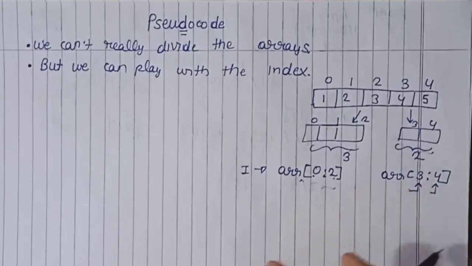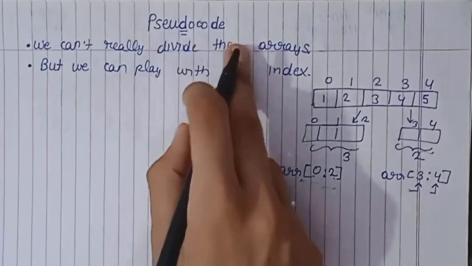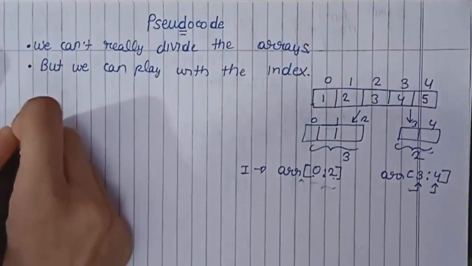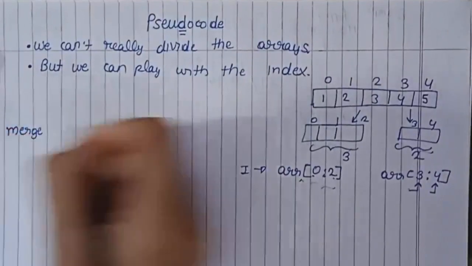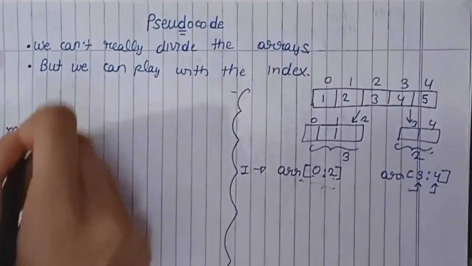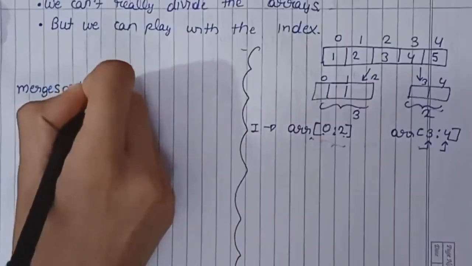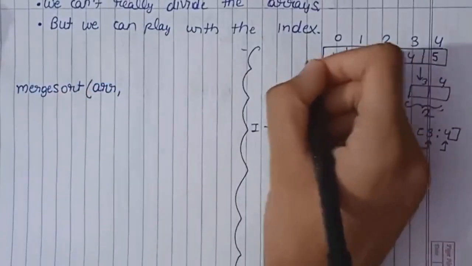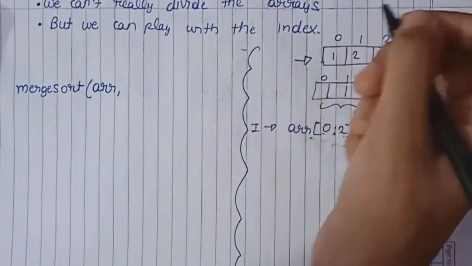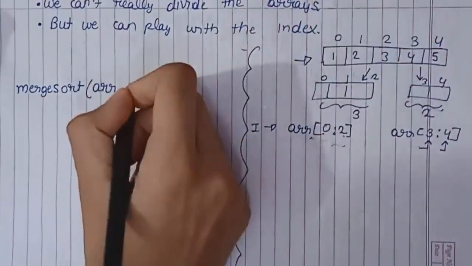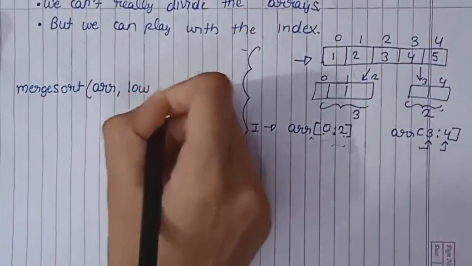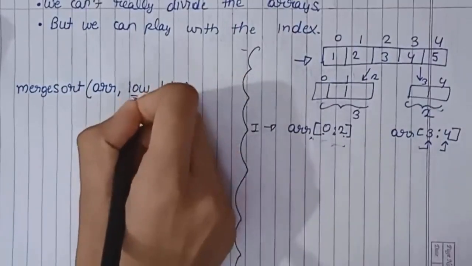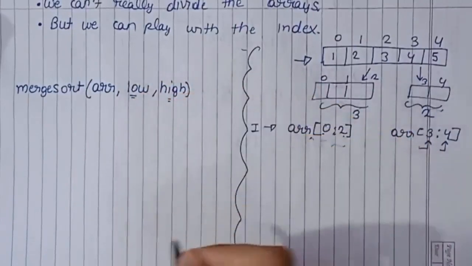So now let me tell you how the pseudocode of the merge sort algorithm looks. It is merge sort, and its parameters are the array to which you are applying the merge sort algorithm, the second parameter is low, and the third parameter is high. What do I mean by low and high?